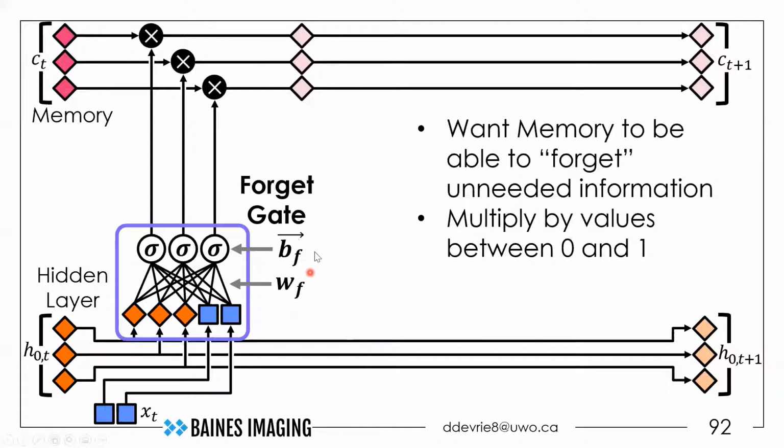So there would be a vector of biases. There would be 3 bias values that we could tune here, as well as a matrix of weight values. So 3 times 5 or 15 weight values that can be individually tuned through the training process. We'll represent these each with a different letter, and then the subscript F for forget.